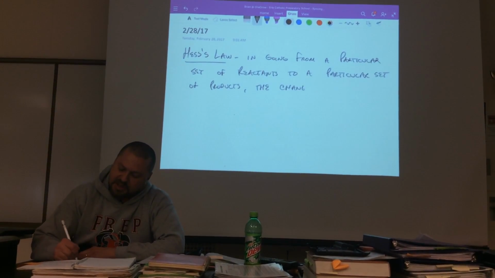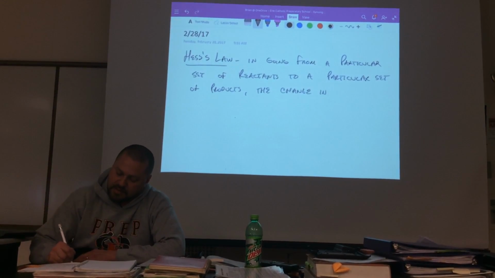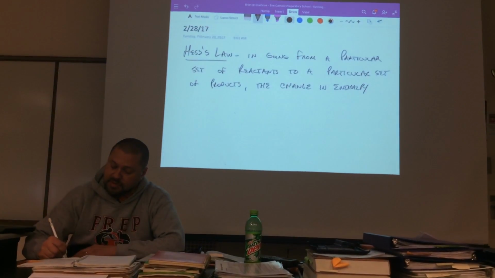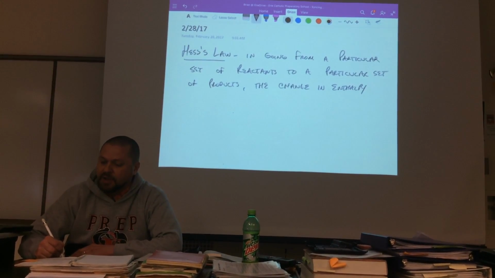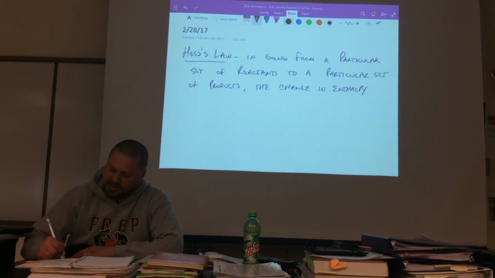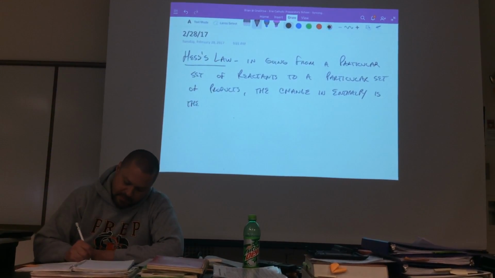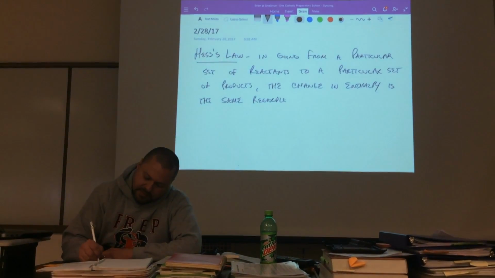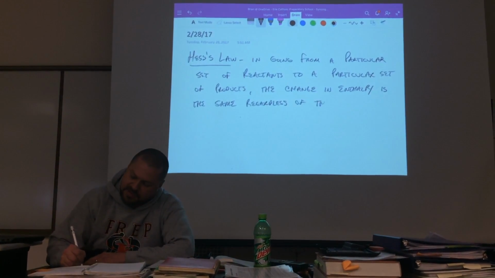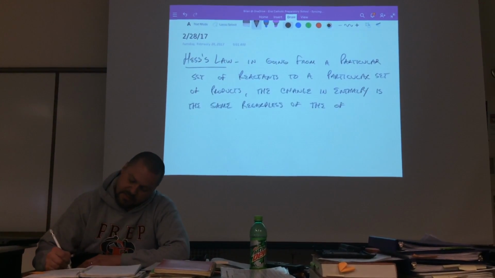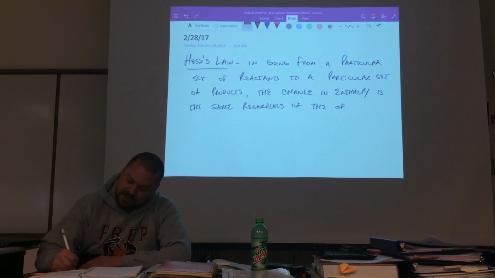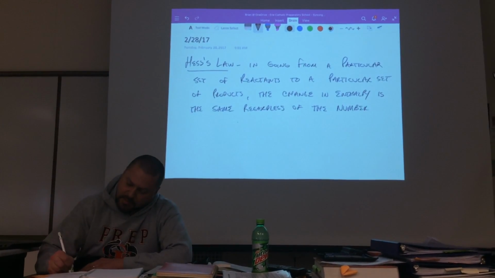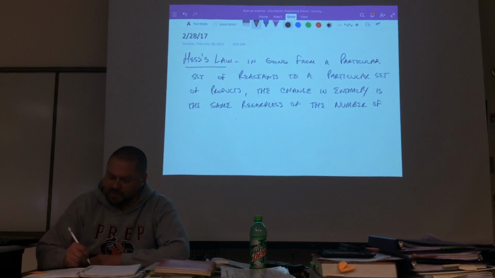By the way, when I say change in enthalpy, what are you supposed to be thinking? Change in internal energy? Close. Heat. It's about heat flow. The change in enthalpy is the same regardless of the number of steps and steps involved.